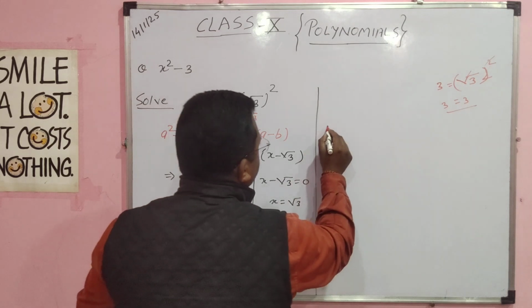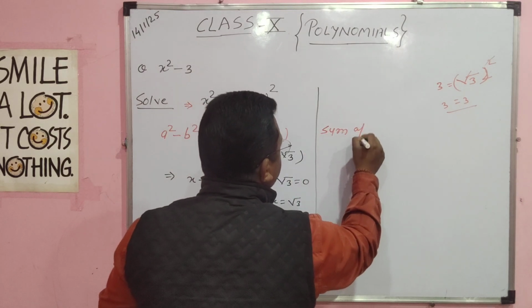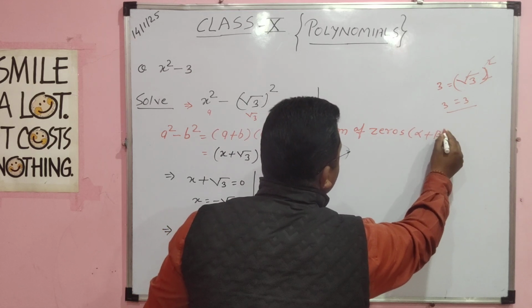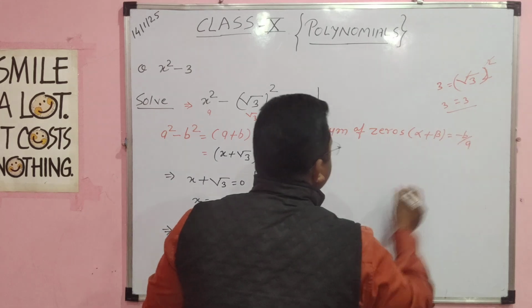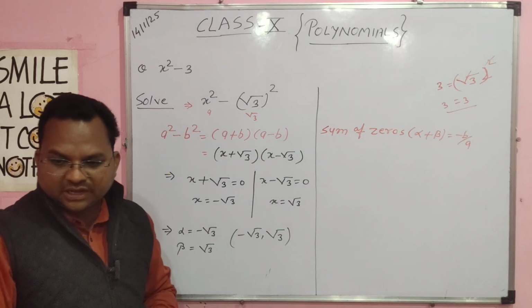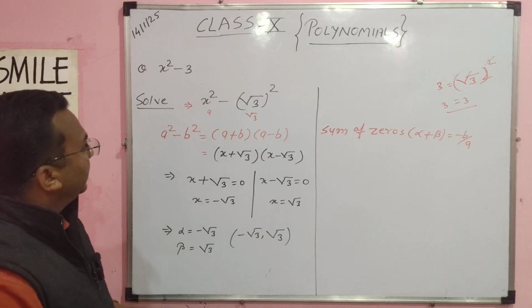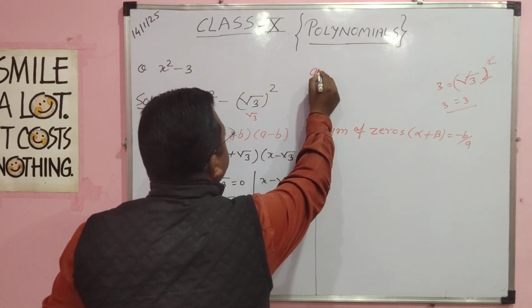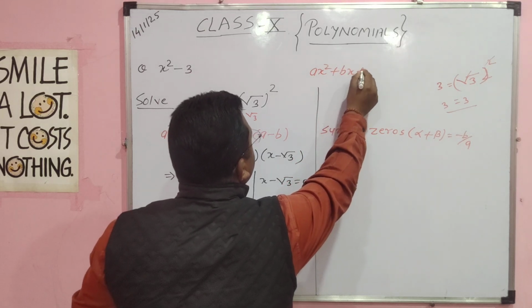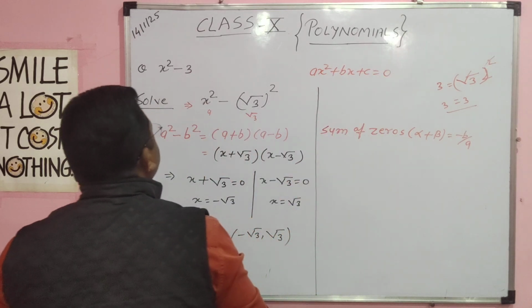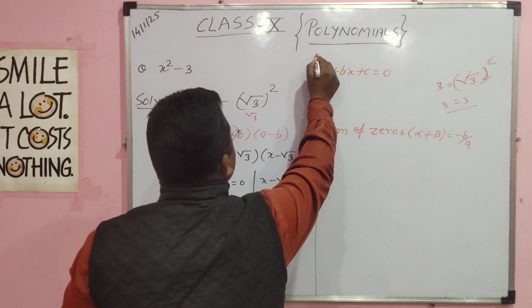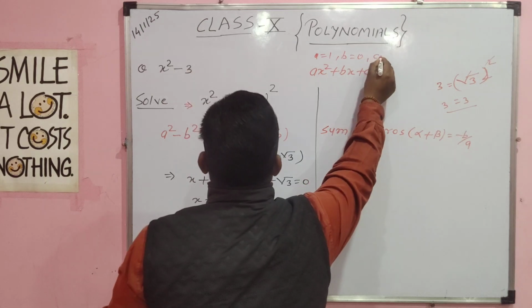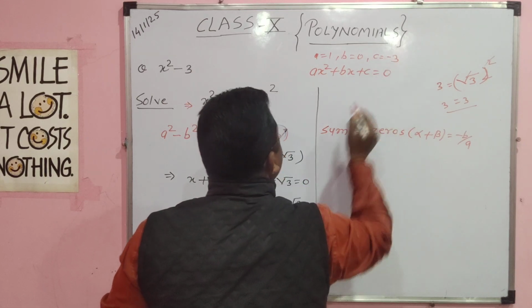the sum of zeros. Sum of zeros, alpha plus beta, equals minus b upon a. What does it mean? The standard form of a polynomial is ax square plus bx plus c equal 0. So a is 1, b equals 0 and c equals minus 3.